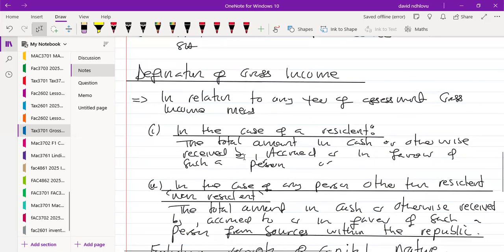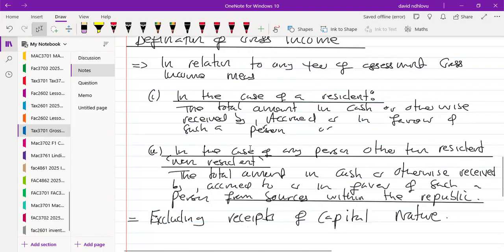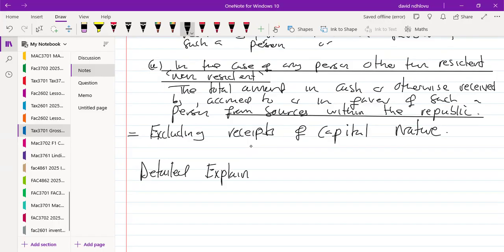So what it means now, you must understand, remember, an amount that satisfies the definition will be included. So you need to have in-depth understanding of the terms used in the definition. So we want to go to that definition and give detailed explanations of the terms used in the definition.